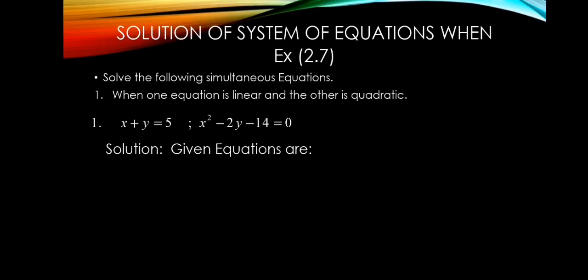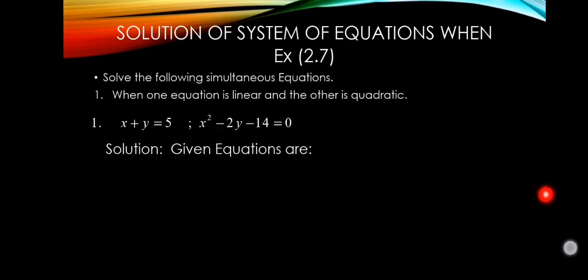Now, the solution of a system of equations, when we do the sums related to the first condition, that is when one equation is linear and the other one is quadratic. Here the degree of x and y both are 1, so the first equation is the linear one, but the second equation is the quadratic one in terms of x.